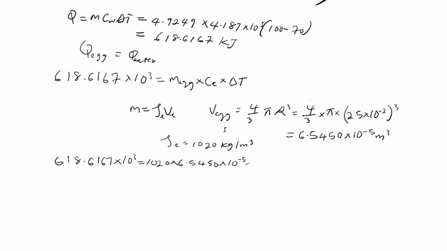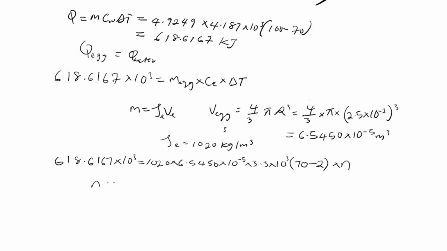Then our specific heat capacity of egg, 3.3 times 10 raised to the power of 3, multiplied by our change in temperature, which is 70, the final temperature of the egg, minus 2, the initial temperature of the egg. Then multiply by the number of the eggs.